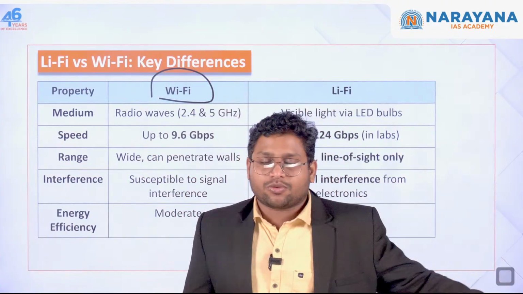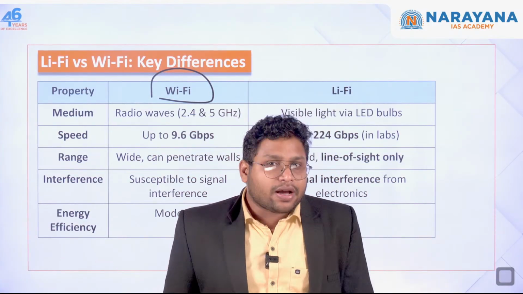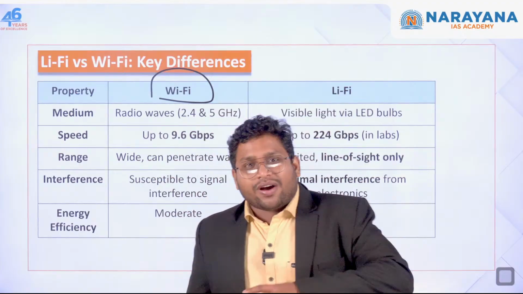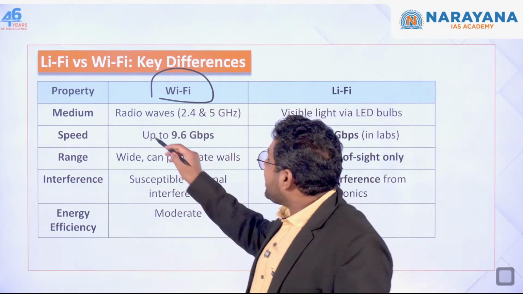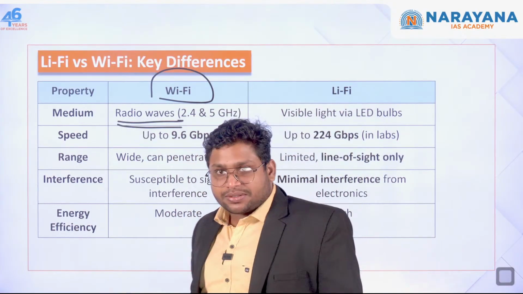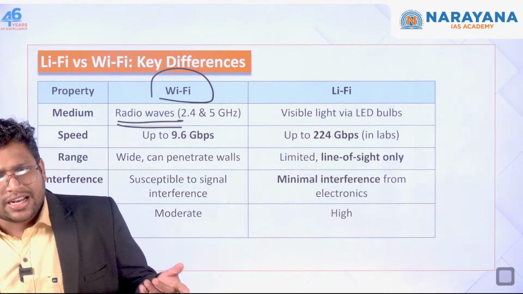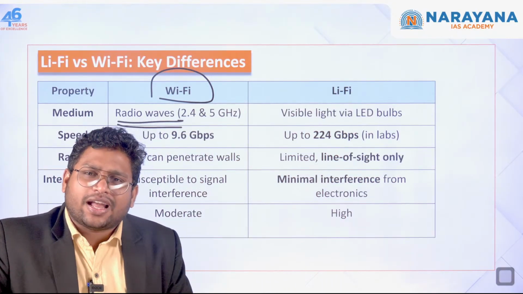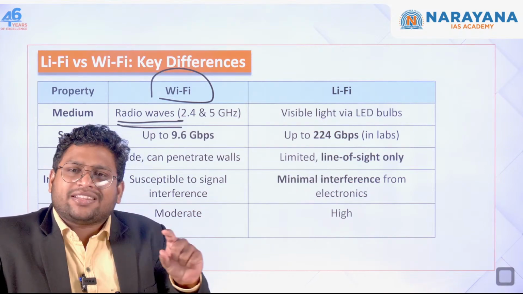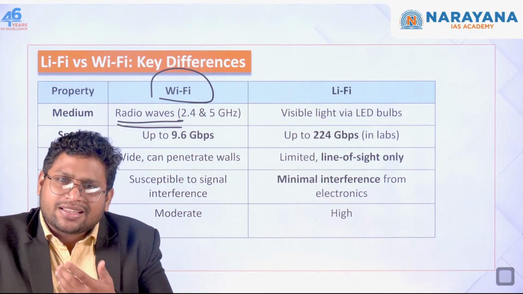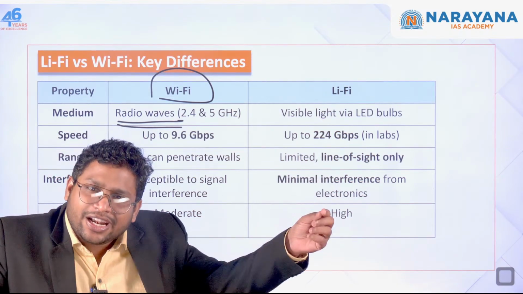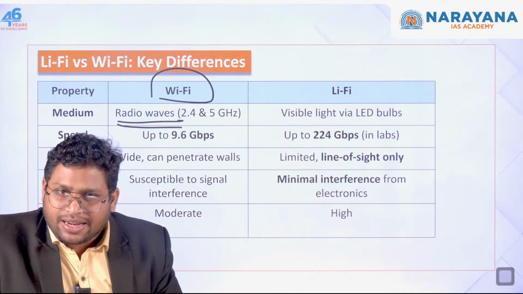And that Wi-Fi is provided, the entire building is getting Wi-Fi, let's say. Now here that Wi-Fi is working by making use of radio waves. You see, radio waves are also part of the light. So you see the electromagnetic spectrum from gamma rays, X-rays and all. There are radio waves also, right?